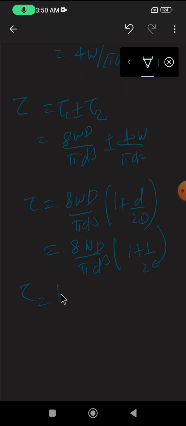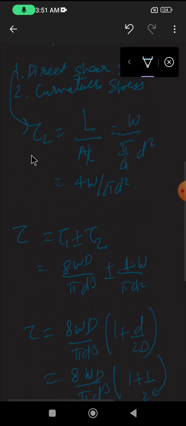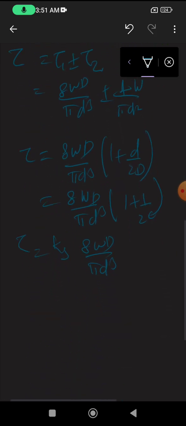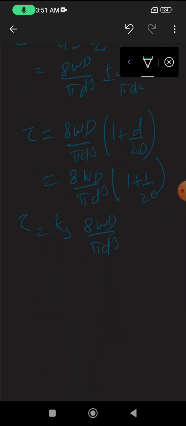So it will be Ks into 8WD by pi d cube. From this equation it is observed that the effect of direct shear stress is appreciable for springs of smaller spring index C. Also, we have neglected the effect of wire curvature in this equation, so we are not considering the curvature stress.